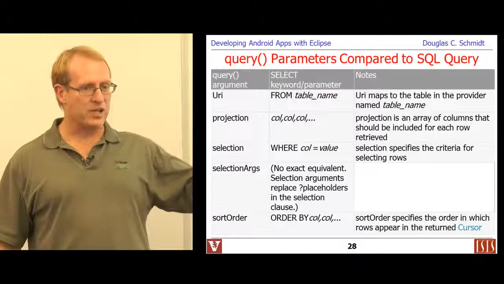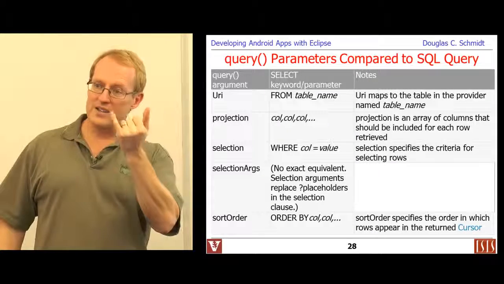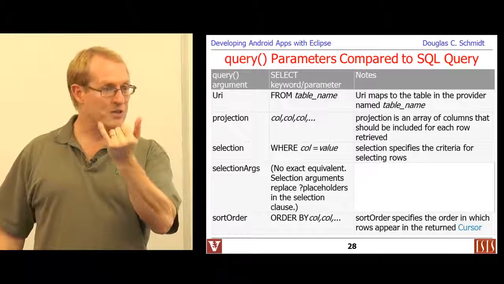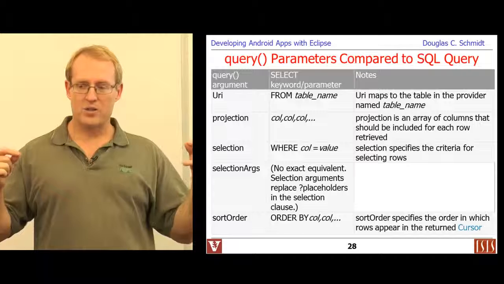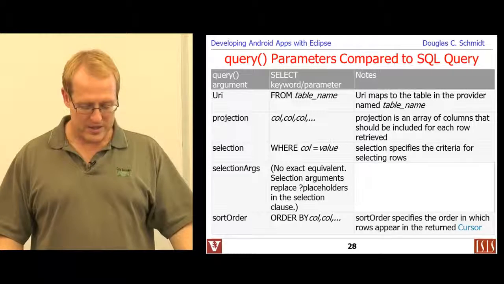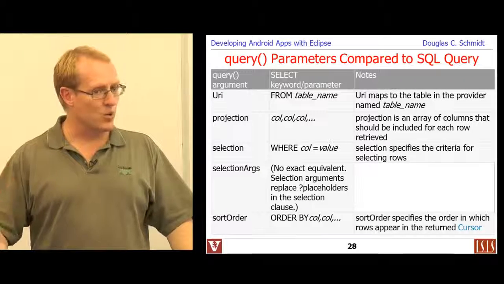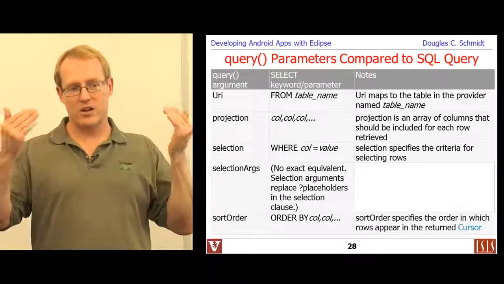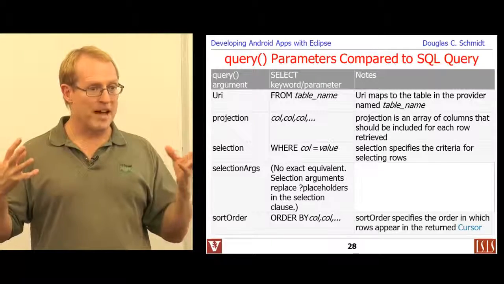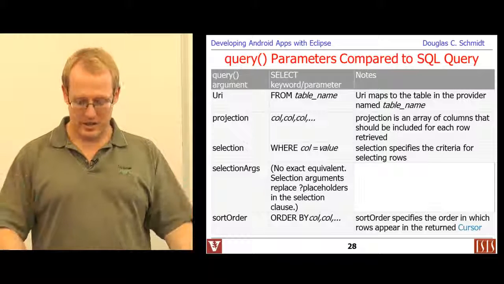It's got the selection, which tells you to select the values when columns have a certain value. So it only takes a potential subset of the results, because it's filtering. And once again, you can give it the sort order command, which we use to determine the way in which the cursor returns the matching queries back to you in some kind of order.